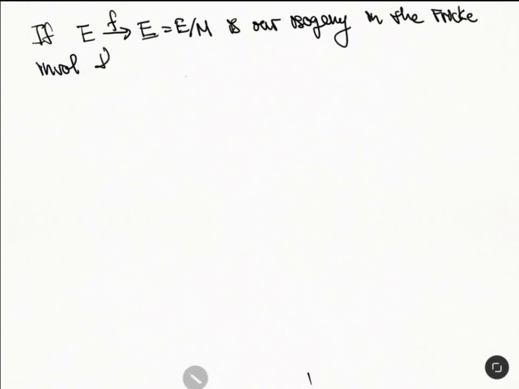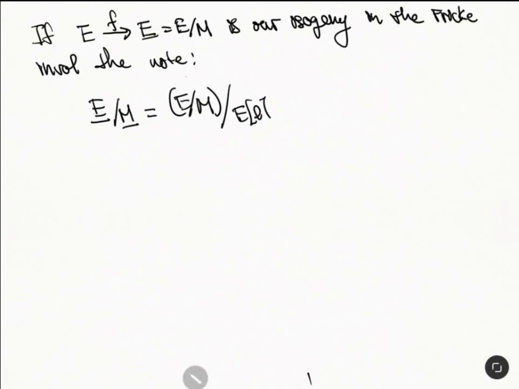Then note that we have the following. Then we have the dual isogeny. So E bar mod M bar. So this is E mod M, mod E[L] mod M, like so.